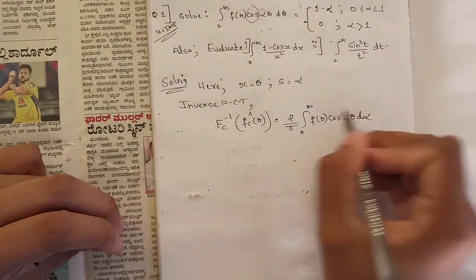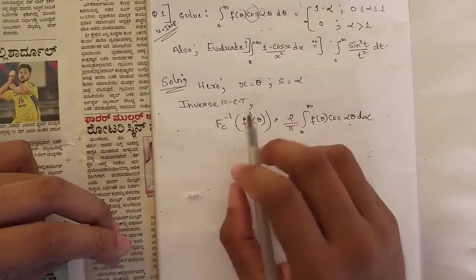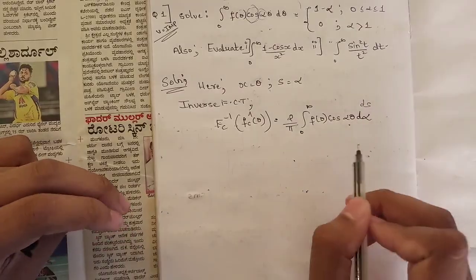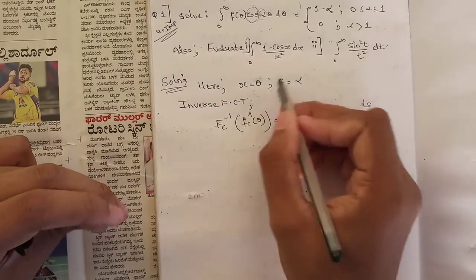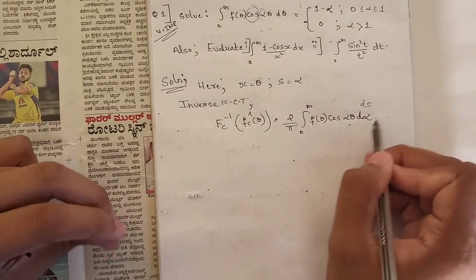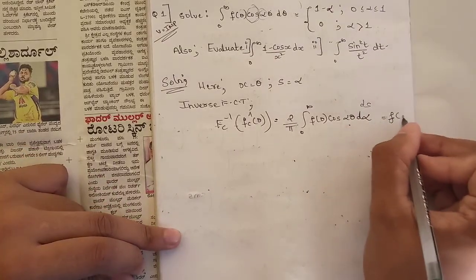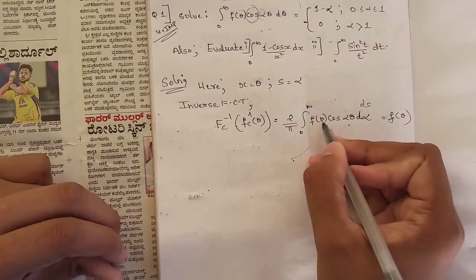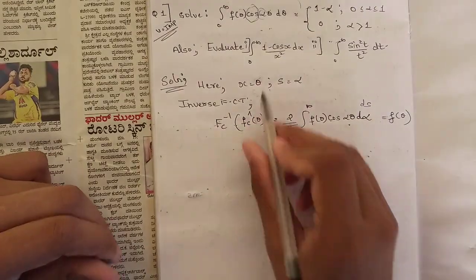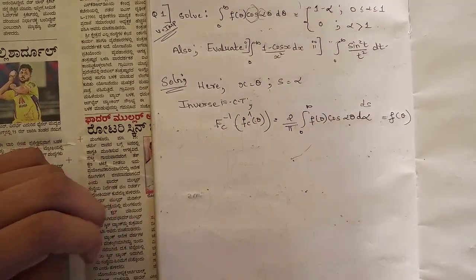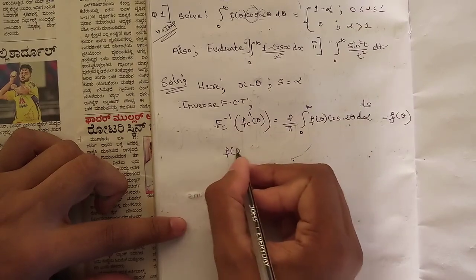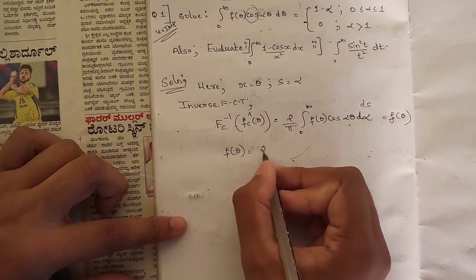Generally for the inverse Fourier cosine transform we have ds, but here the parameter s is equal to alpha, so we write d alpha. That is again equal to f of theta, not f of x, because in place of x we have theta here.